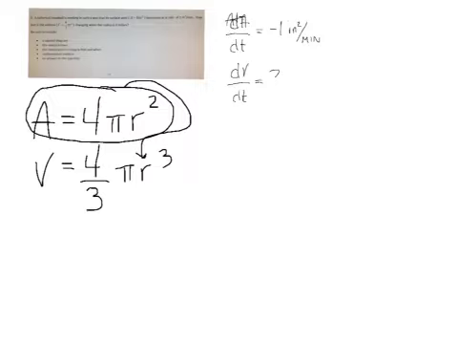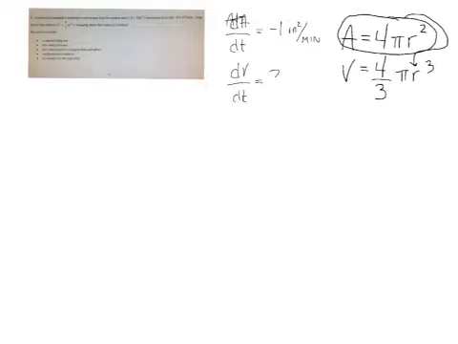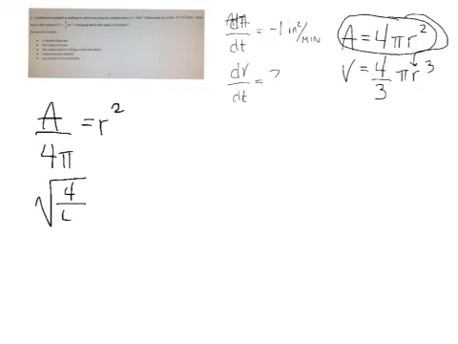So, let's do it. From that relationship, A divided by 4 pi should be r squared. So then the square root of A over 4 pi should be equal to r. Well, now I can take that and smash it into that second equation, and I come up with this.